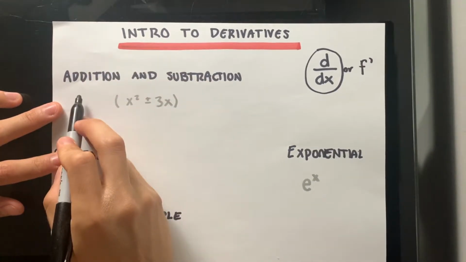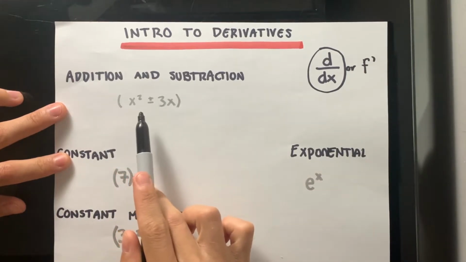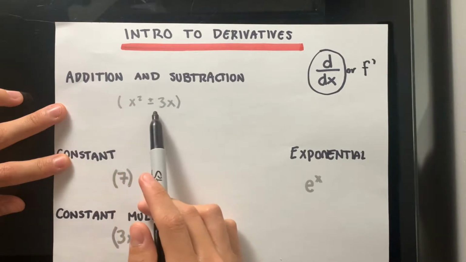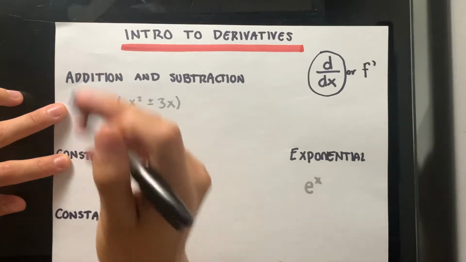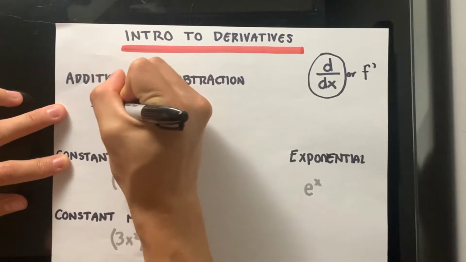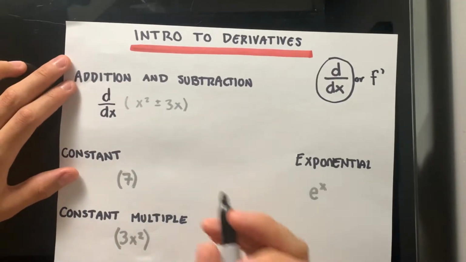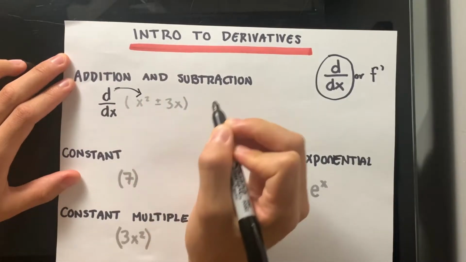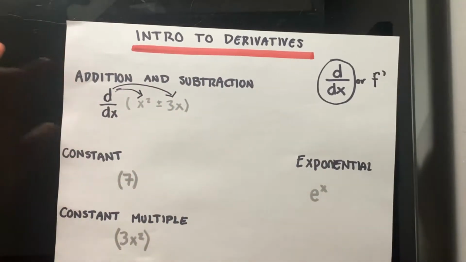Let's say I had a function, and inside that function you had two terms adding or subtracting each other. In this case, we have x squared plus or minus 3x. So if I wanted to take the derivative of this function, say d over dx of this function, I would actually be able to do them separately and take their derivative separately, and then just add or subtract their derivatives from each other.